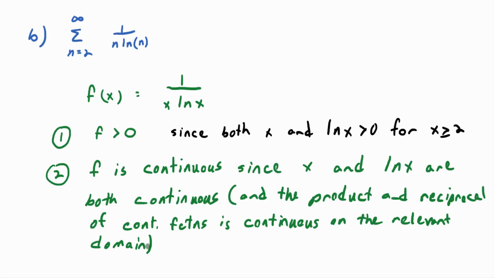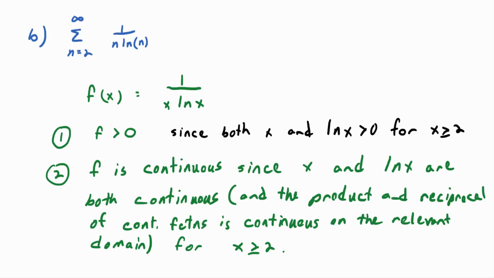Now what's the relevant domain here? Yeah. So f is continuous since x and natural log of x are both continuous for x greater than or equal to 2.